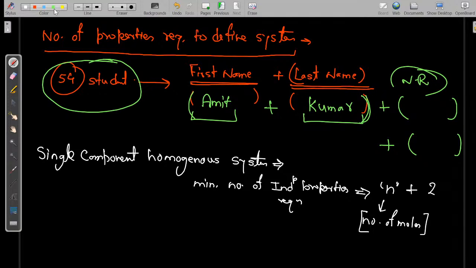Okay, सेंटेंस को समझ लेना ध्यान से. n प्लस 2 का मतलब ये नहीं है कि अगर मेरे नंबर ऑफ मोल्स 5 हैं सिस्टम में तो 5 प्लस 2 7. नो. ओके, 5 प्लस 2 7 प्रॉपर्टीज नहीं चाहिए. n प्लस 2 का मतलब है कि आई शुड बी नोइंग नंबर ऑफ मोल्स and any two properties.